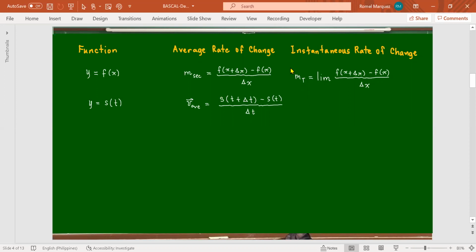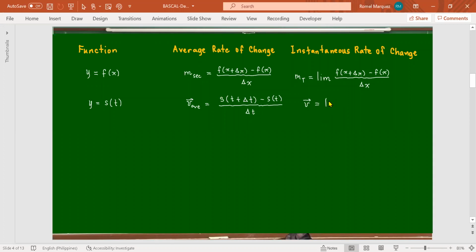And how do we measure the instantaneous rate of change of the displacement or position ng particle? Acceleration? Guys, anong tawag by the way doon? Acceleration po. That is velocity. Ito average. Pag instantaneous rate of change ng distance or displacement with respect to time, ang tawag doon, velocity. Okay?